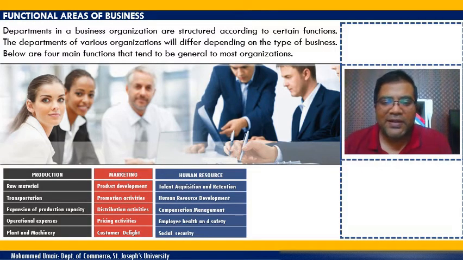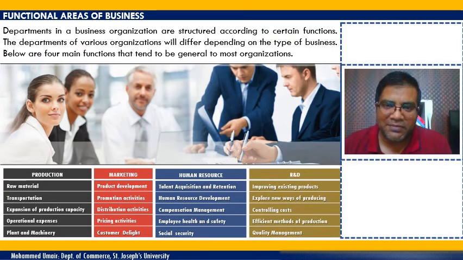Now, another instrumental department which can do wonders, which can put the organization way ahead of its competitors, is the research and development department. The research and development department is responsible for constantly innovating, for experimenting with new products, products that can transform people's lives, products that can put the organization ahead of competitors.